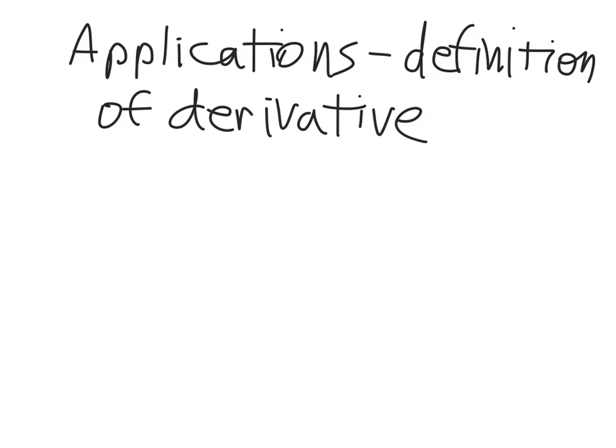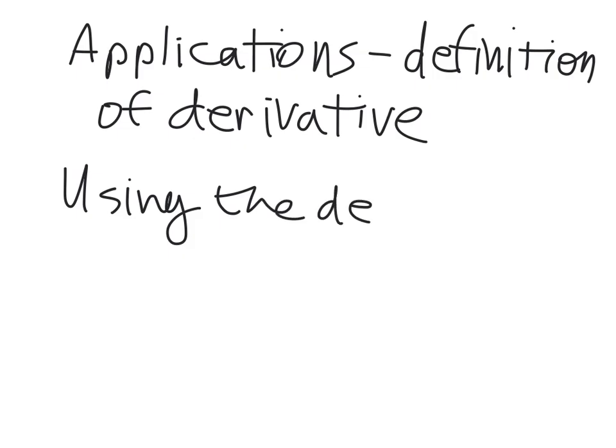But also on test 1, we looked at calculating the derivative of a function using the definition. That will be a possibility on the final. This may be one problem, using the definition of the derivative.